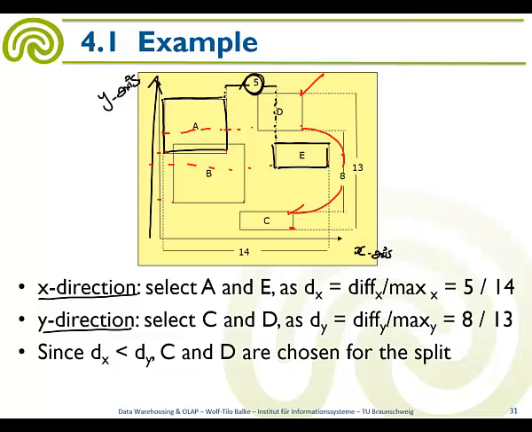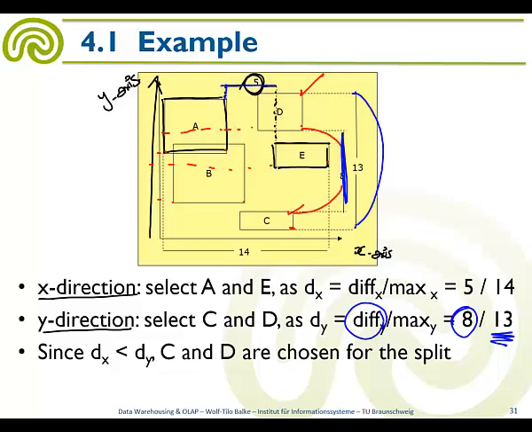And how do we do that? Well, basically you divide them across the whole distance. So for the y direction, you get the difference between them, which is basically this here, 8. And you normalize it across the whole distance of all the different clusters within this dimension, which is 13. We do the same thing in the x.